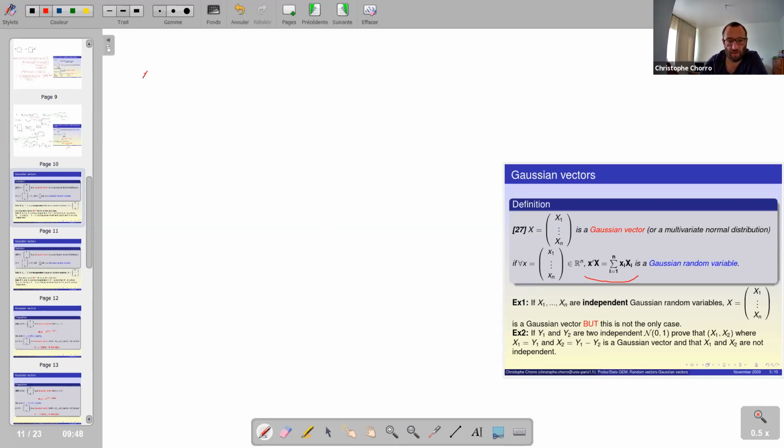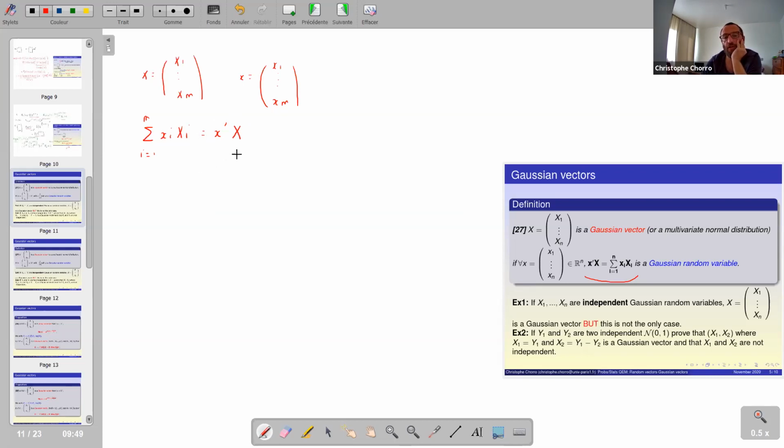If I start from my vector X1, ..., Xn, we have seen together that if I want to do a linear combination with coefficients small x1, ..., small xn, the sum of xi capital Xi, from i equal to 1 to n, can be written as x prime capital X. So I repeat the definition: a Gaussian vector is a random vector for which any linear combination of the components is Gaussian, and any linear combination is of this form.